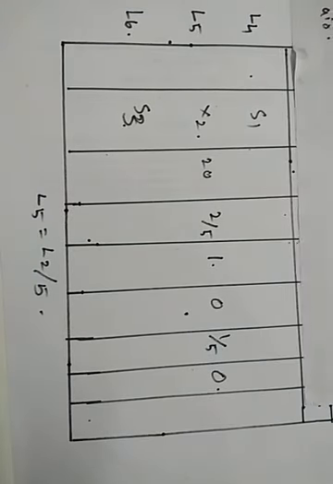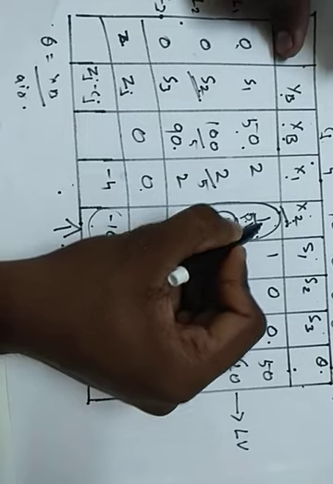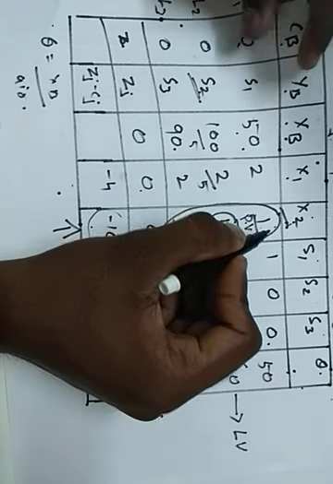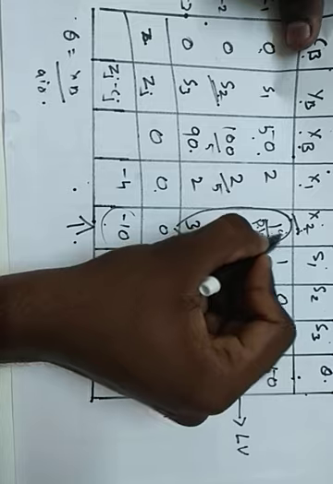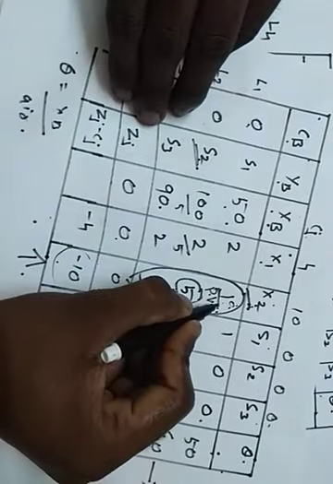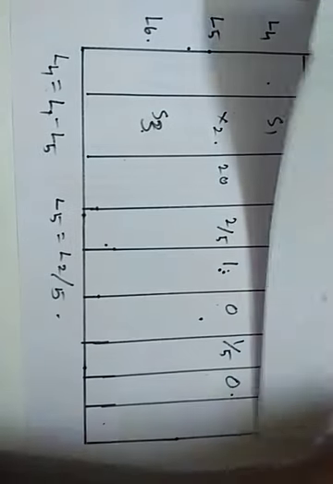Now coming to the next equation, L4. So we can calculate L4 as already there is 1. So we want to make this 1 as 0. We have calculated L5 as 1. So if you minus L5 from L1, we'll get this as 0. So the equation will be L1 minus L5.